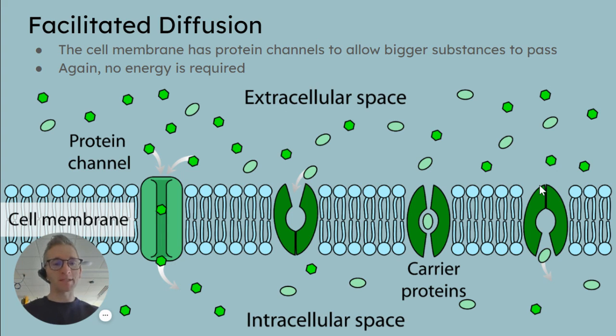A protein channel allows things to pass kind of freely, large things, and a carrier protein can open and close. Again, we're moving from areas of high concentration to low concentration. So still, no energy is required. This is a boulder rolling down a hill, high to low.